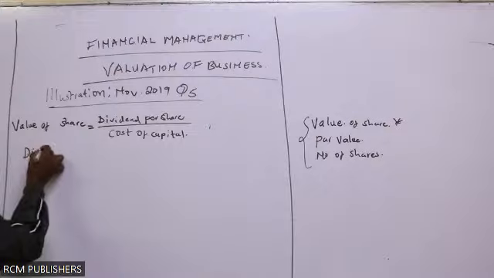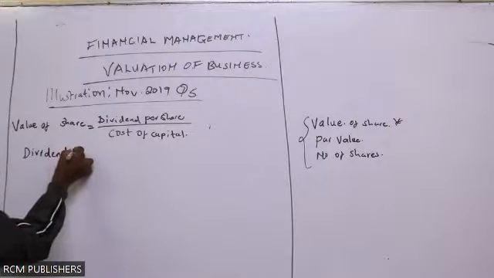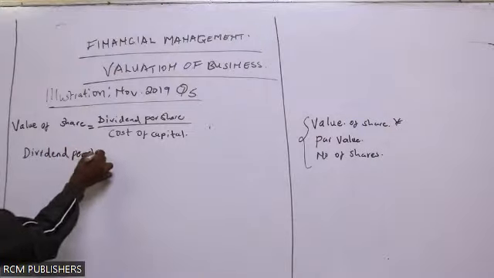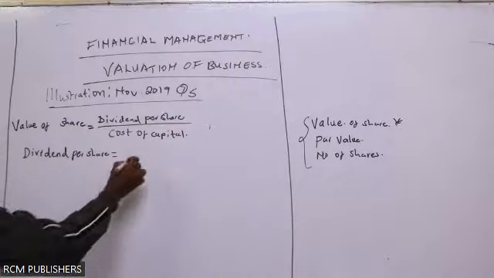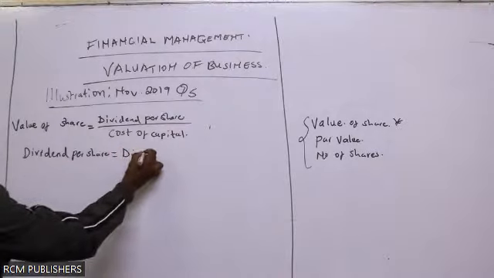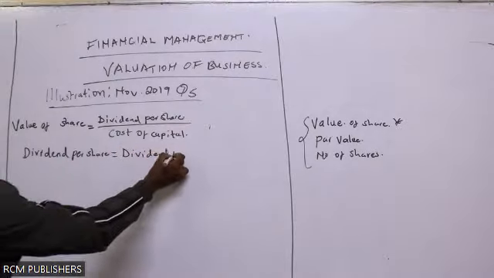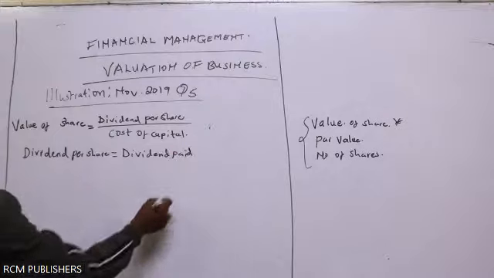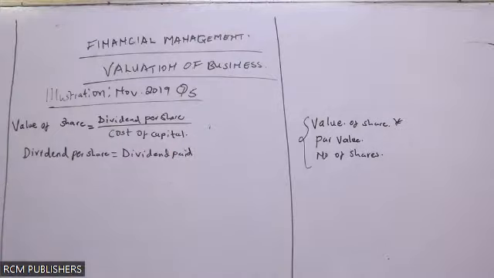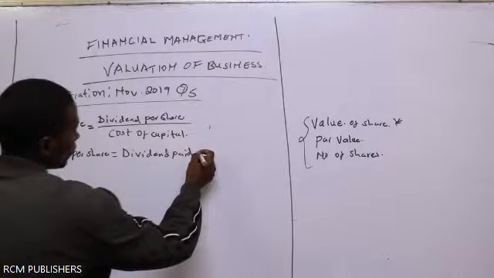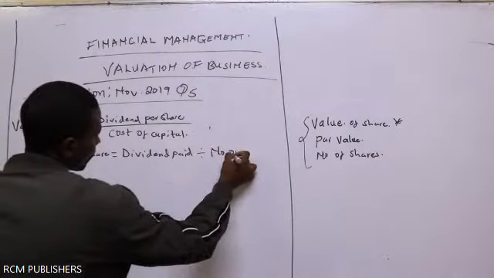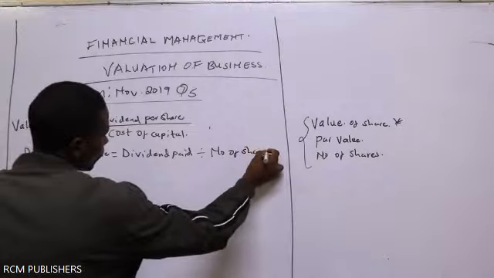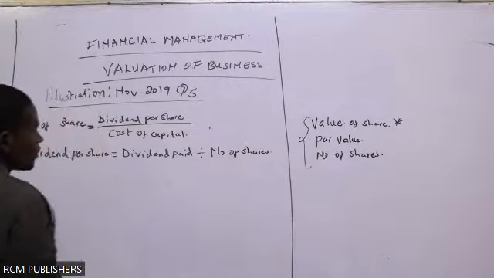Dividend per share will be given by the dividend paid, and then you have to divide that by the number of shares. Now I want someone to tell us what is the amount of dividend paid?